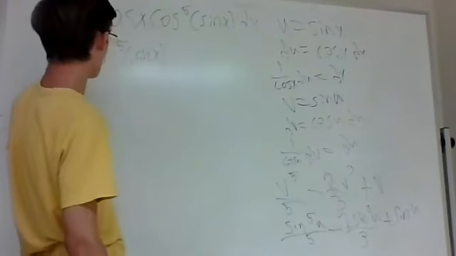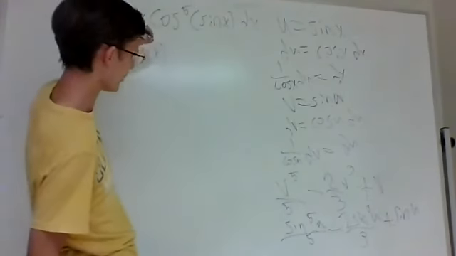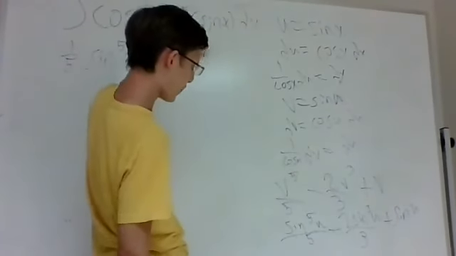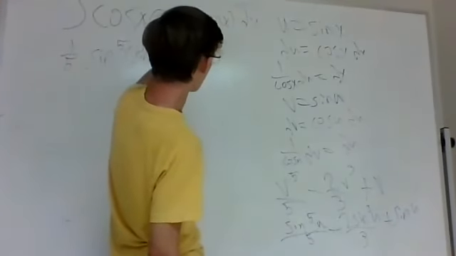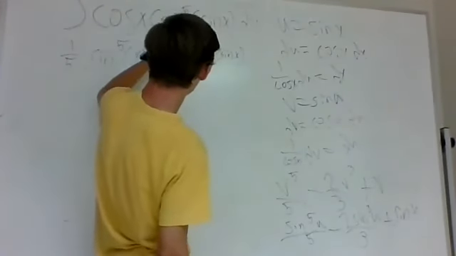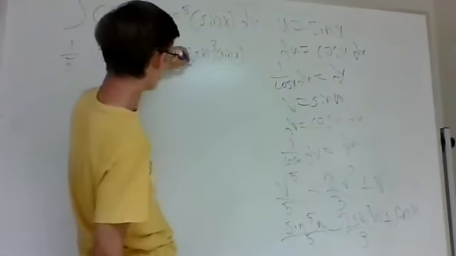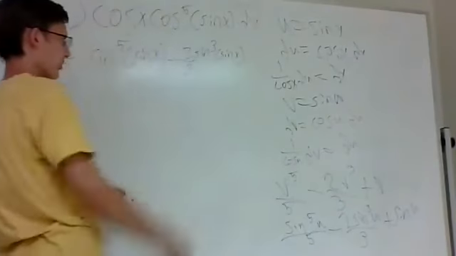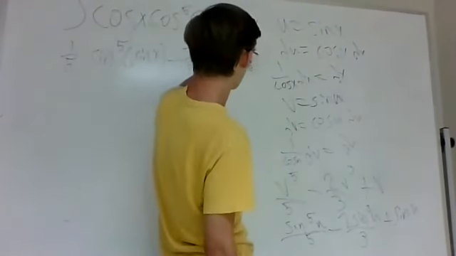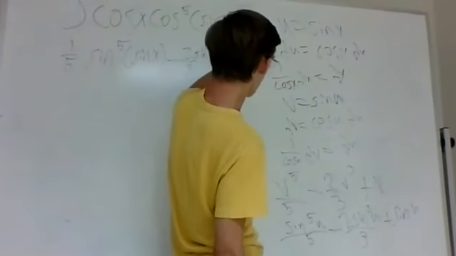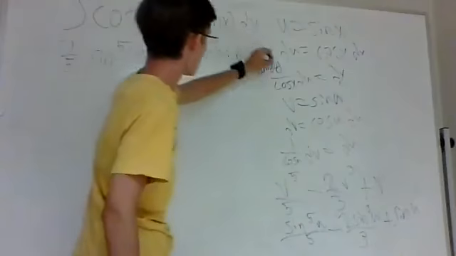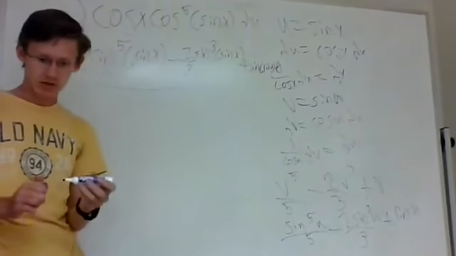You can also put it over 5, whatever is preferable for you, minus 2 over 3 times sine to the third sine x, plus sine x plus c. And that is how you solve for this integral.